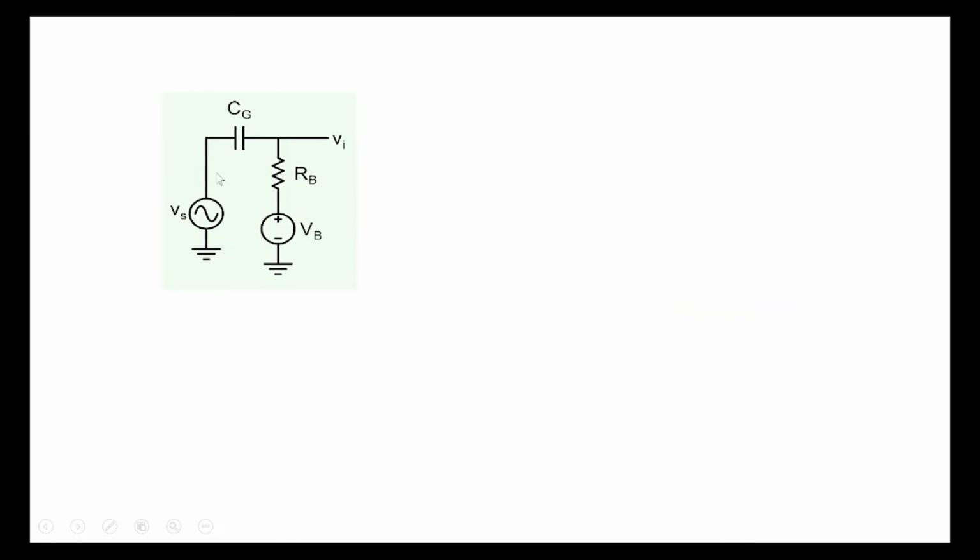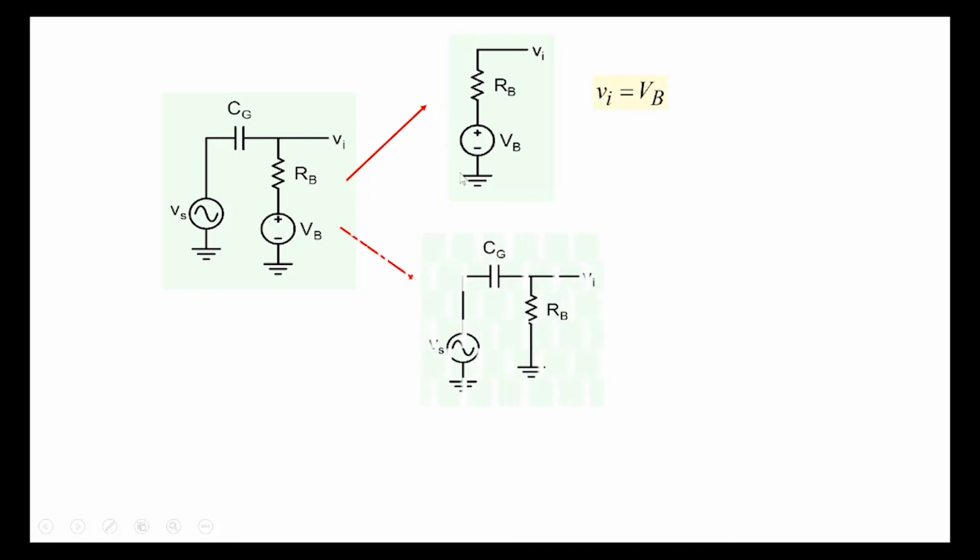So let's look at this particular part of the circuit. As far as DC is concerned, the capacitor acts as a block. Note that no current flows at the input, so Vi is equal to VB. Then, for the other source, since it's a linear circuit, let's use superposition.